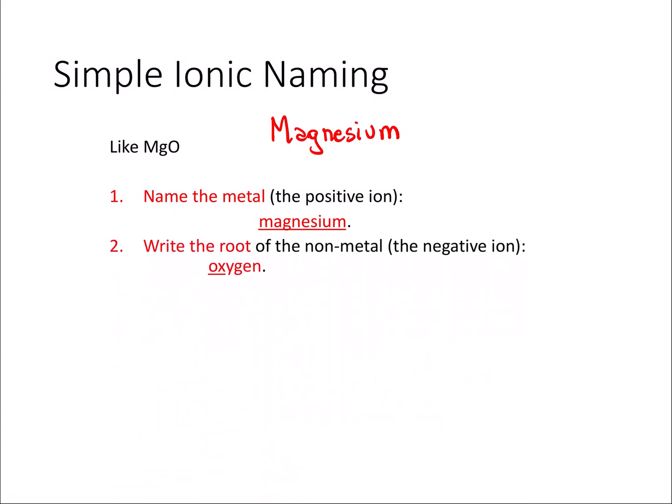And for the second part of this ionic compound, you keep the root name, oxygen. So you say oxy, and then the rest you're going to put in is an IDE. Now notice we're only talking about one element there.